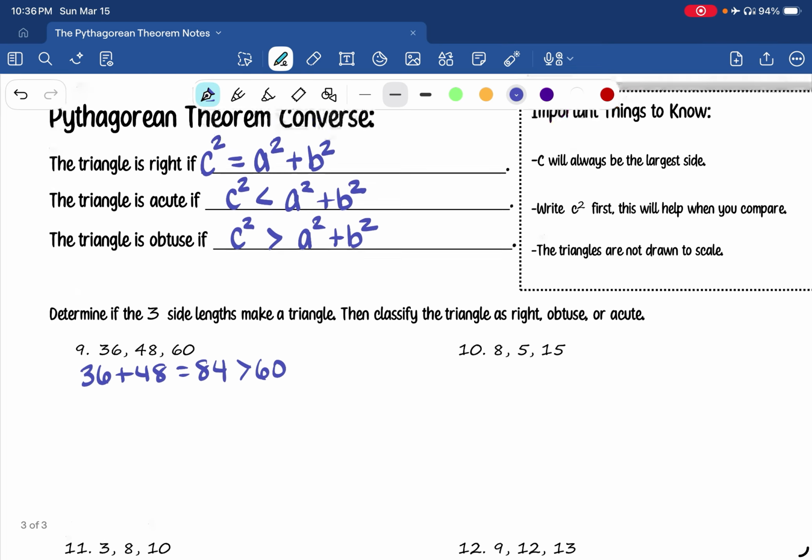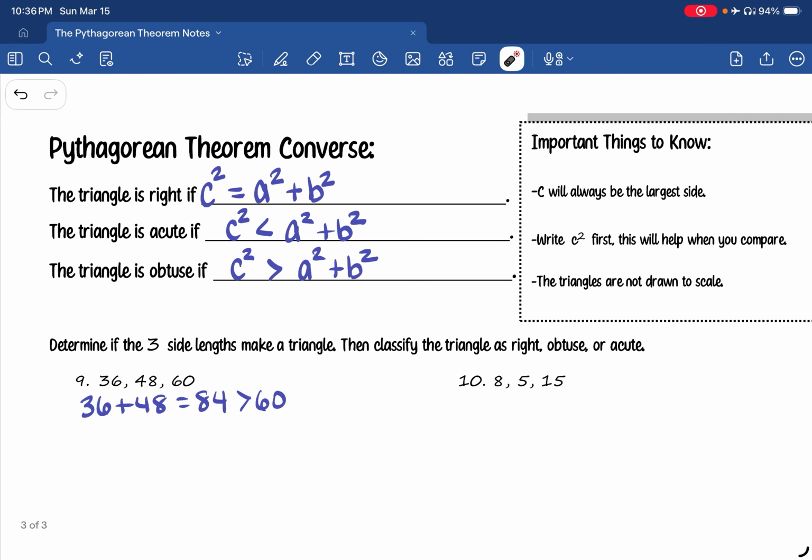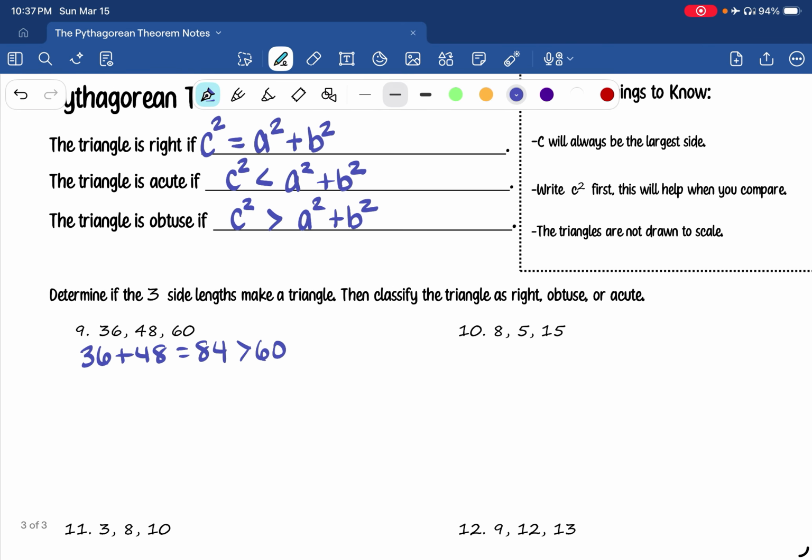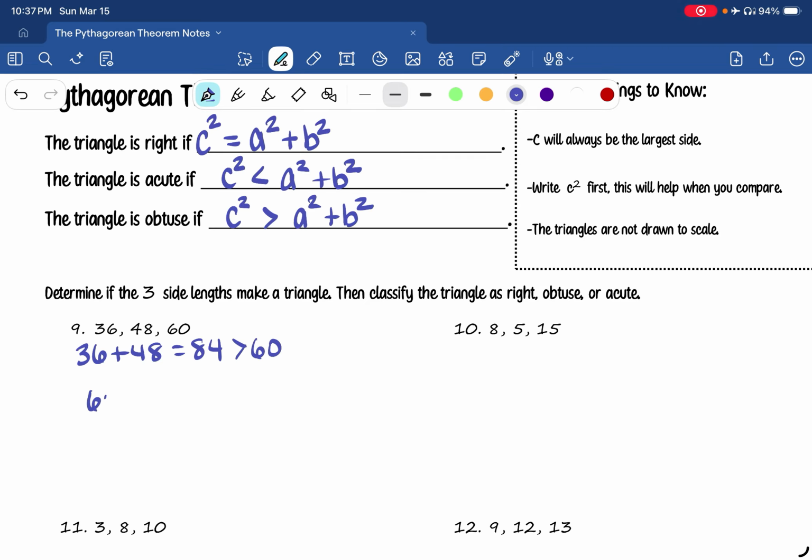Now I need to decide, is it going to be a right triangle, an acute triangle, or an obtuse triangle? So we're going to find c squared and we're going to compare it to a squared plus b squared. Now remember, c is always going to be the biggest side. And in this case, that will be 60. So we're going to say 60 squared equals 36 squared plus 48 squared.